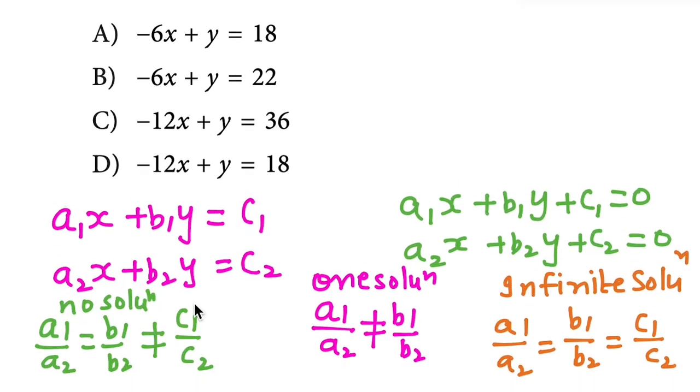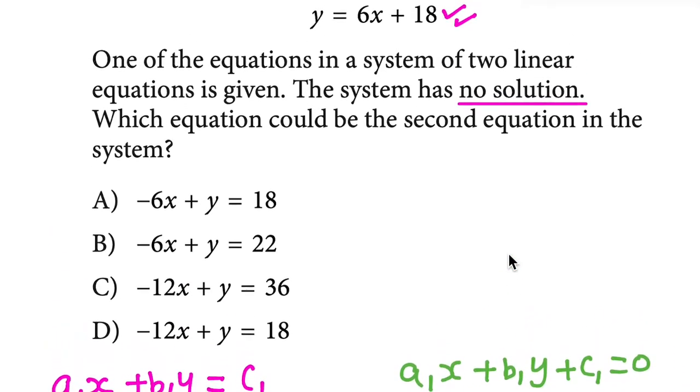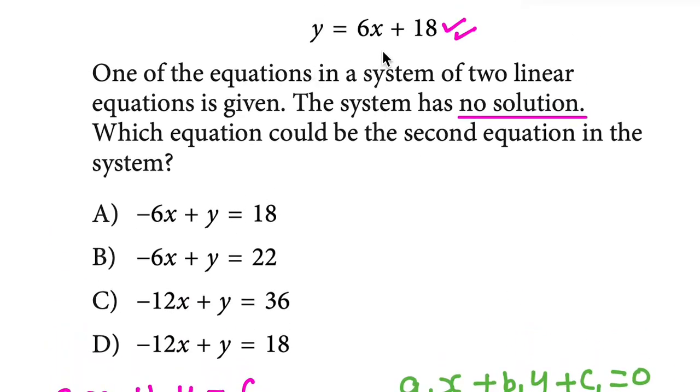Now, as we said, both the equations should have the same format, but in our option, this one is y is equal to, it is in slope intercept form, but these ones are all in the standard form. Okay, so let's make it in standard form. Subtract 6x on both sides.